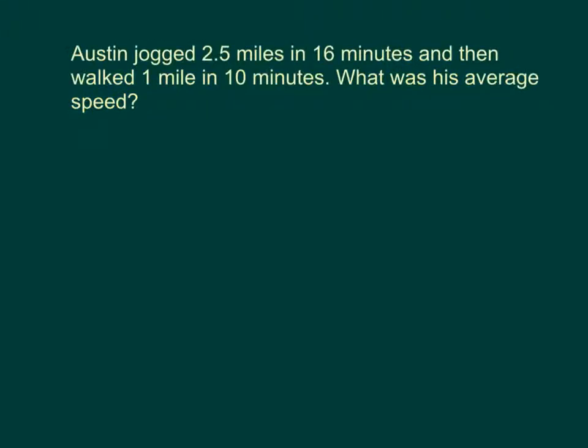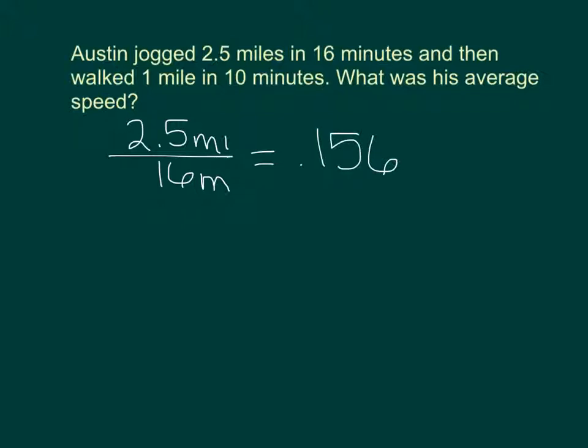So let's take a look at this example. Austin jogged 2.5 miles in 16 minutes. So 2.5 miles is the distance, and 16 minutes is the time. So we can figure out the first rate, which is 0.15625 miles per minute.